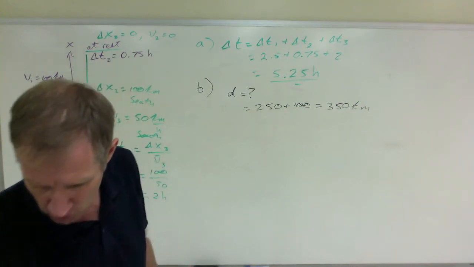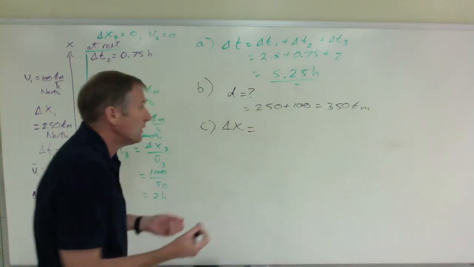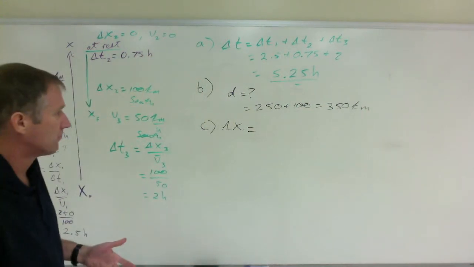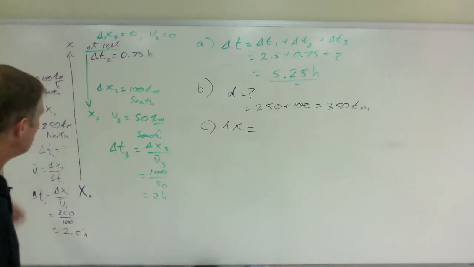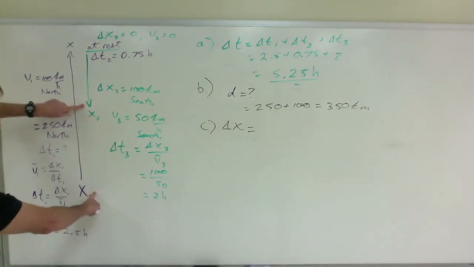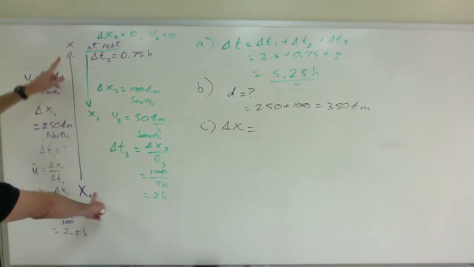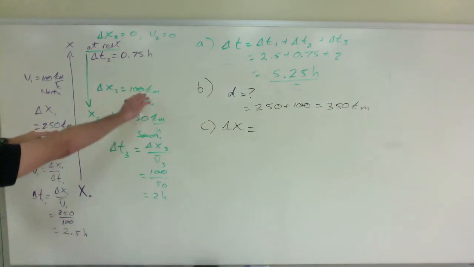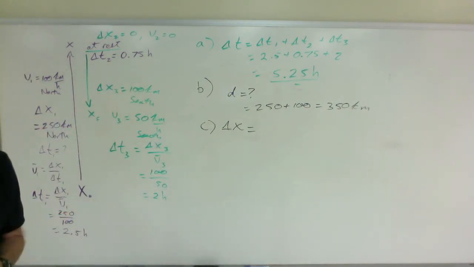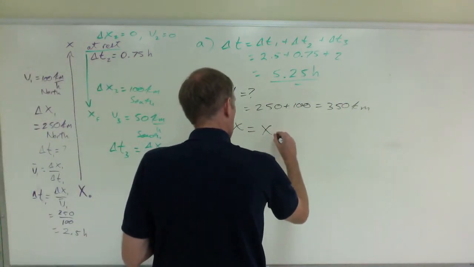Okay, total displacement. Displacement is still measured in kilometers, but it's not how far you traveled. It's just comparing where she ended up to where she started. She ended up here, and she started here. She started 250 kilometers north, but then she backtracked 100 kilometers. 250 less 100 is 150.